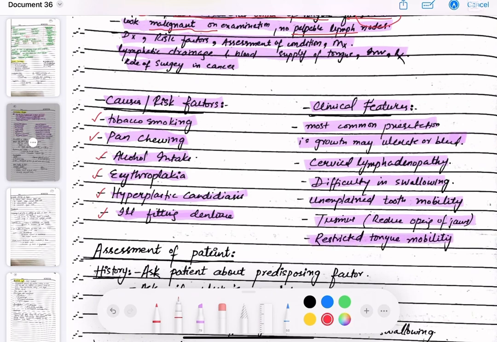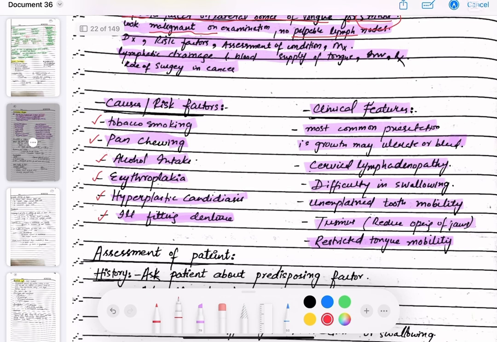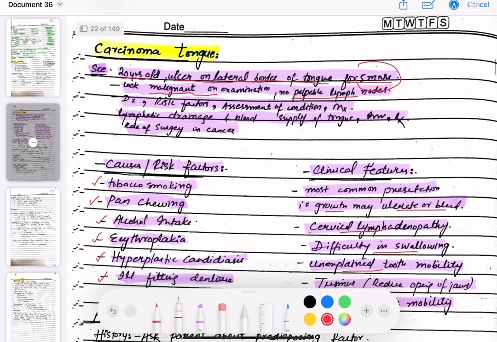The most common presentation is a growth that may ulcerate or bleed, with cervical lymphadenopathy, difficulty in swallowing, unexplained tooth mobility, trismus, and restricted tongue mobility. So first we diagnose the case by the clue that ulceration is present on the tongue. Then the causes are tobacco smoking, pan chewing, alcohol intake, hyperplastic candidiasis, erythroplakia, and ill-fitting dentures.